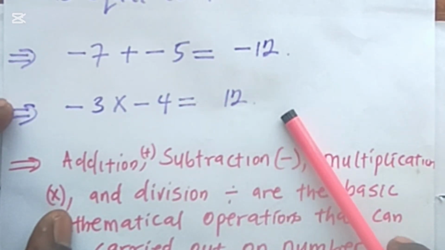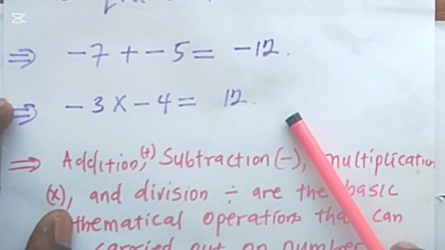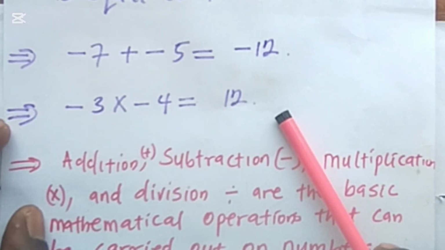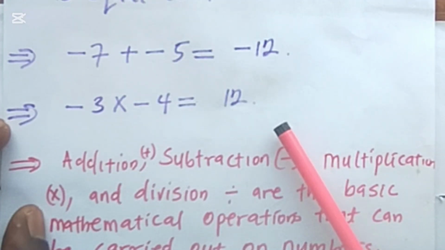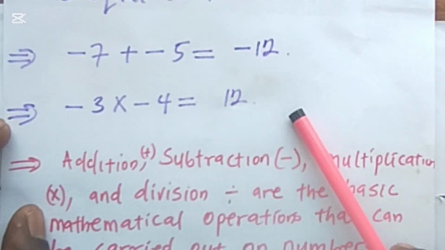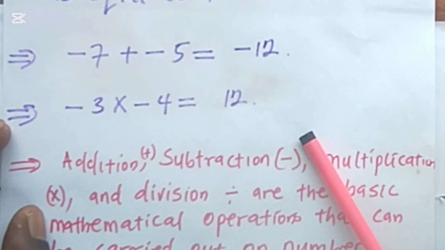Not to worry, the essence of this video is to teach you unambiguously what this kind of statements and similar statements mean. So in a couple of minutes from now, we are going to really understand it. Minus 7 plus minus 5 is equal to minus 12, or minus 3 times minus 4 is equal to 12 will not be something that will be foreign to us.